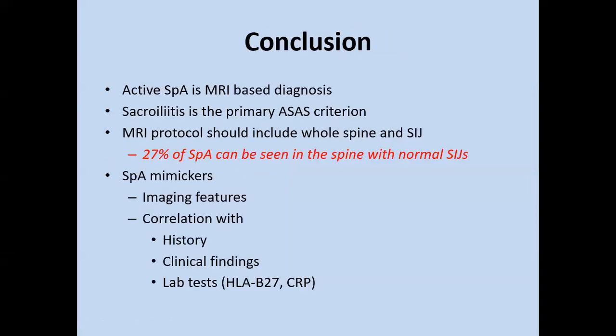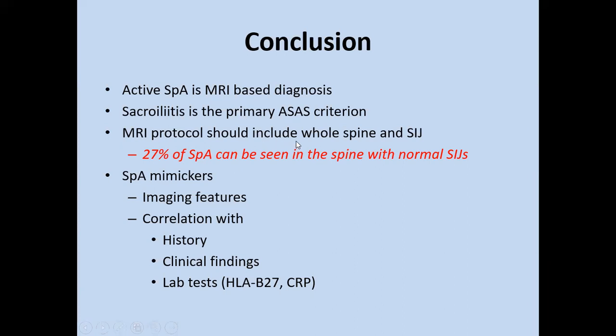So in conclusion, we talked about all the techniques, all the imaging modalities for assessing patients with inflammatory spine. We mentioned that active SPA is something that we need to emphasize, and we need to follow the criteria for active disease and MRI positivity criteria according to the AS criteria.